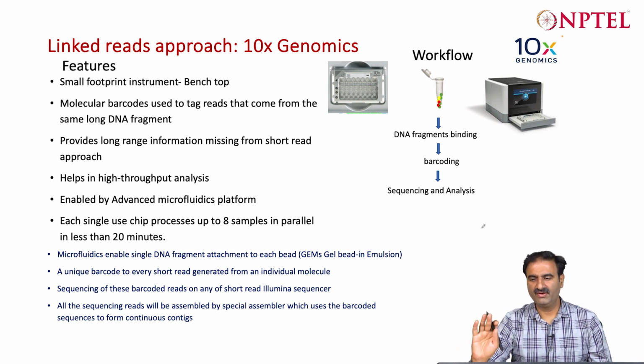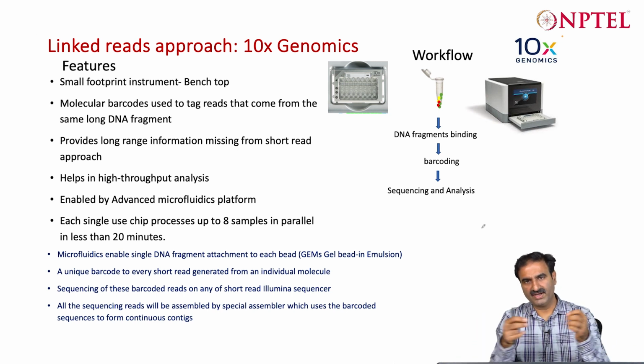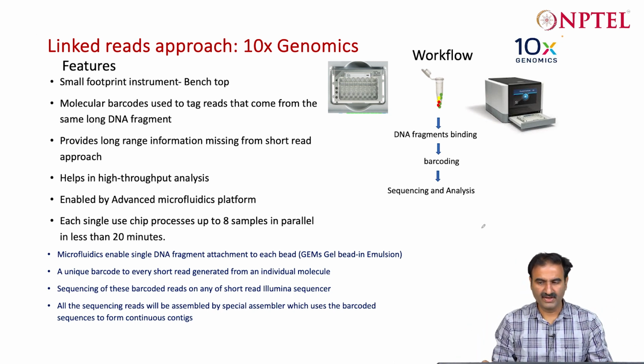What it requires is DNA which is fragmented into smaller fragments, and then each fragment is barcoded separately, so that we can trace back how the shorter reads generated from that fragment can be arranged together to form the complete linked read, or the complete contiguous read.